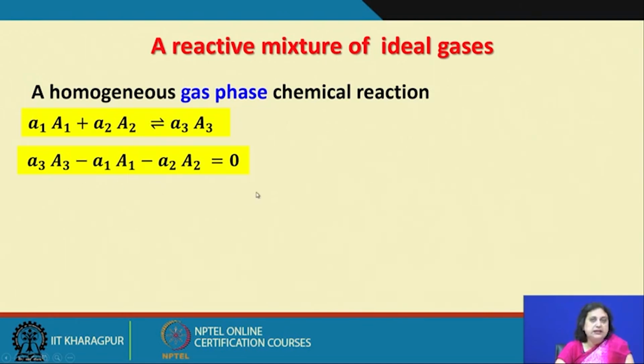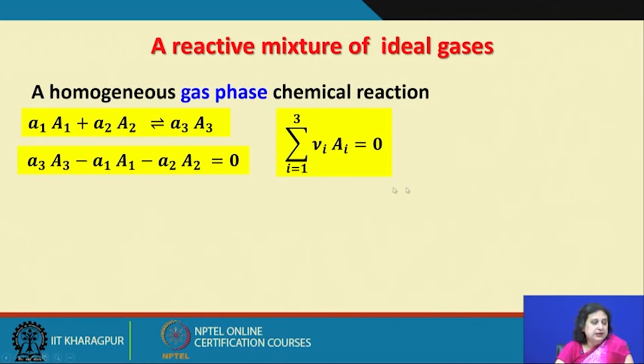So, this basically tells me that any general chemical reaction can be written in the form of an algebraic equation, where the Ai are the participants, the ith participant in the reaction, and nu i is the stoichiometric coefficient of the ith participant in the balanced chemical reaction.